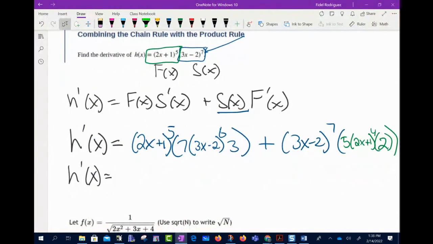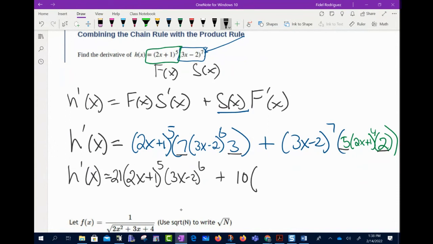Okay. All right. So let's take a look here. So look, y'all, I'm going to leave this 2x plus 1 to the 5th alone. I'm going to go ahead and put those guys together. That's going to give me a 21. I'll just move that 21 in the front. And then we have a 3x minus 2 to the 6th, plus, let's see, over here, I'll put the 5 and 2 together. That's going to give me a 10.